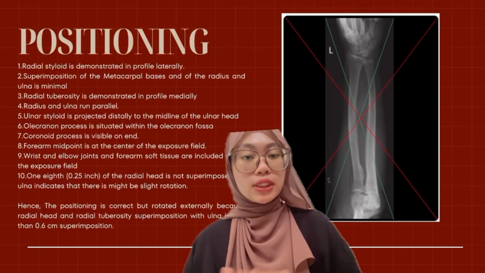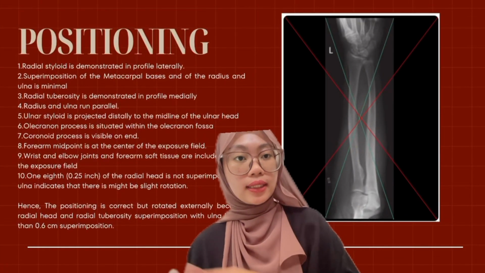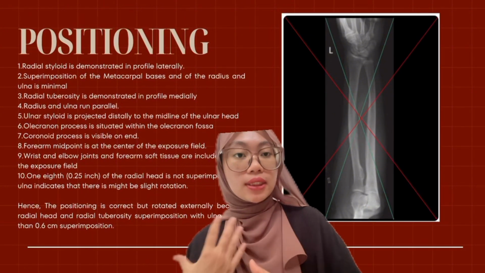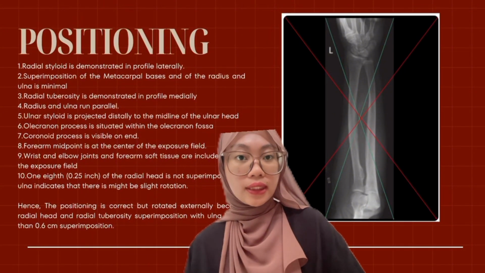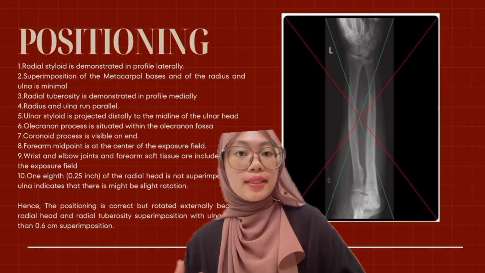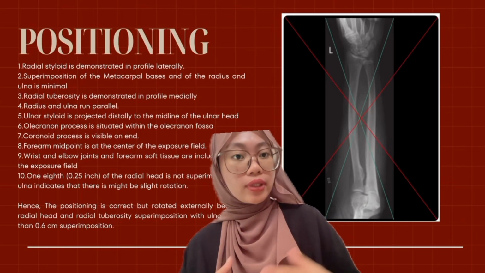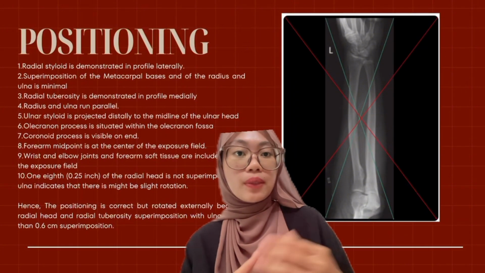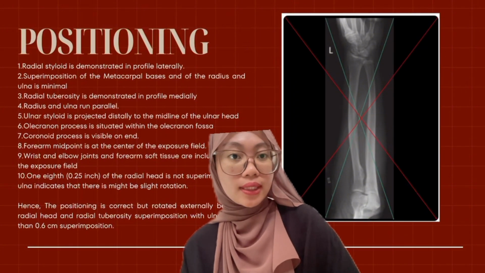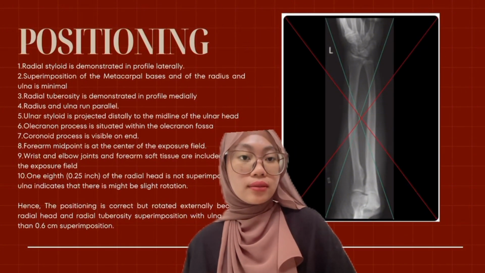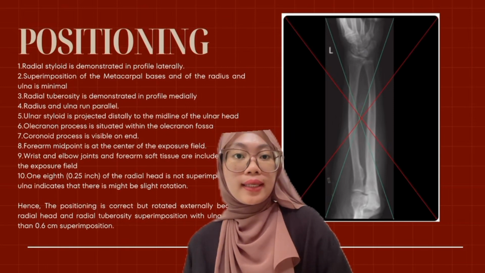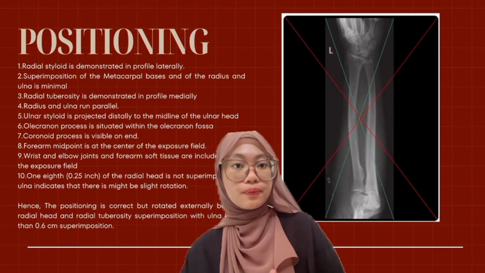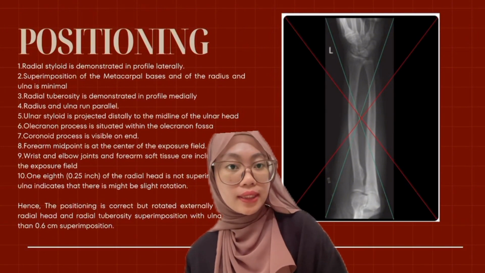And then for positioning, to indicate that the image is taken with correct positioning, we can see that the radial styloid is demonstrated in profile laterally, the superimposition of the metacarpal bases and the radius and ulna is minimal, and the radial tuberosity is demonstrated in profile medially.